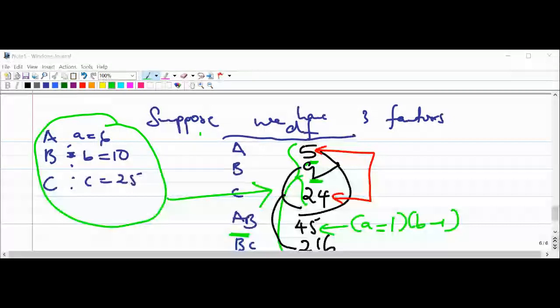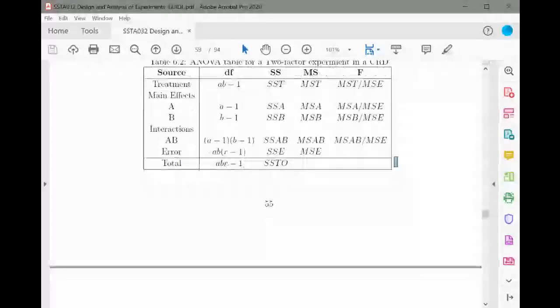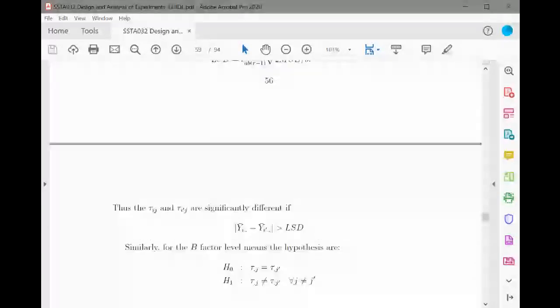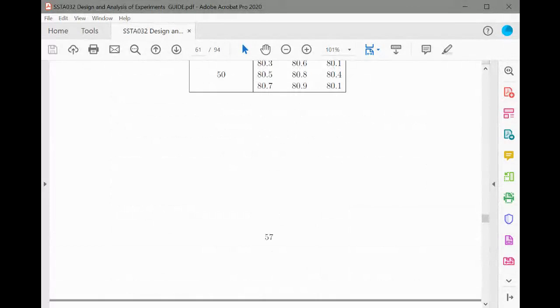So let's continue. Now I was still explaining, guys, that we have this question from the study guide. We have been constructing an ANOVA table for some time now.